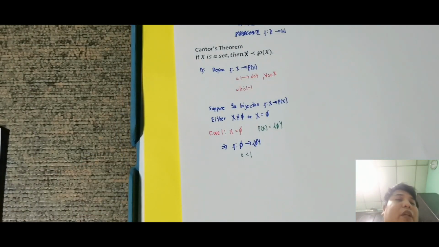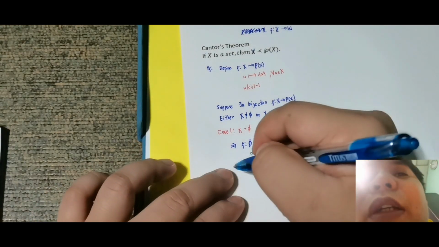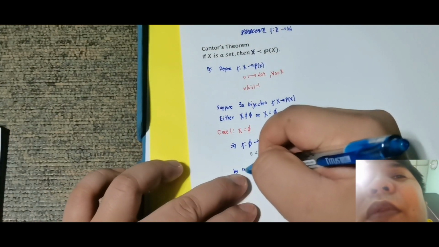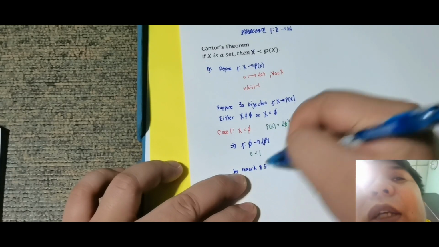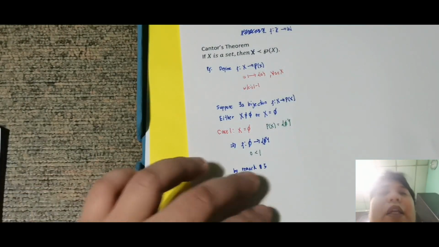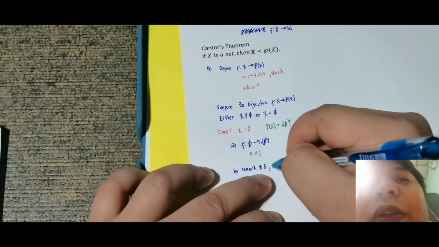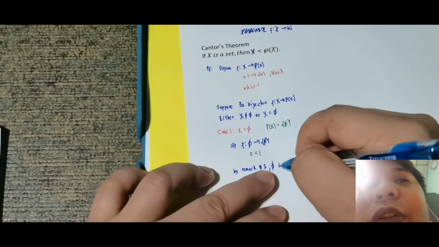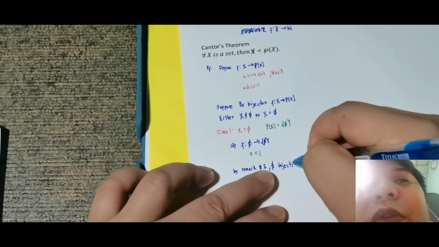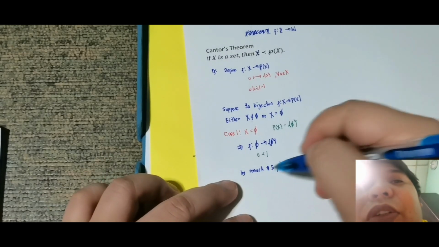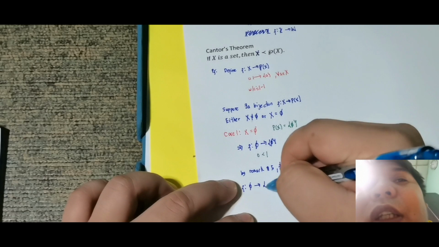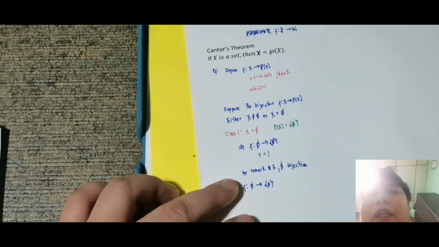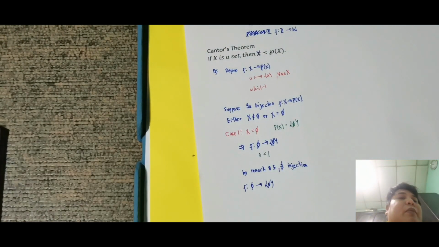So, by previous remark, o naalala nyo, by remark number 5, since 0 is less than 1, then there is no injection from the function f mapping from empty going to the set containing empty. Okay? So, that is by remark number 5.